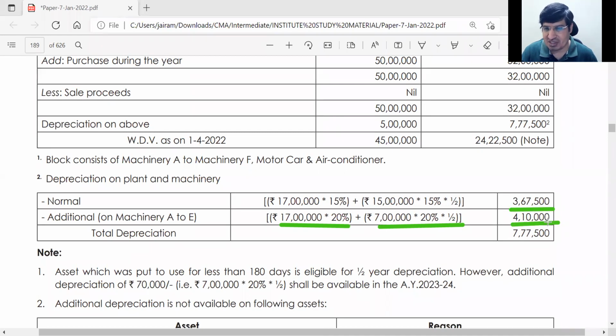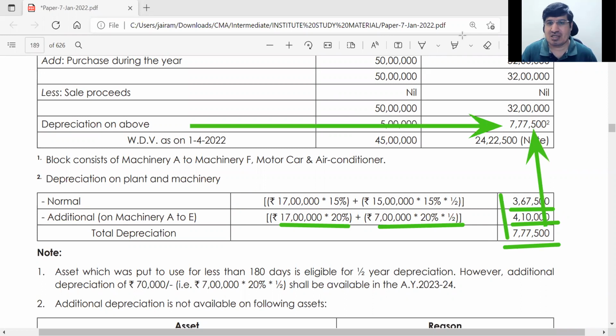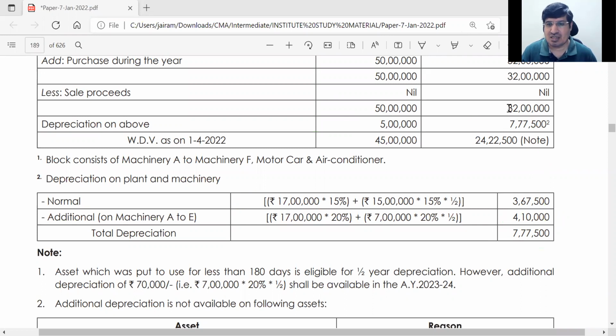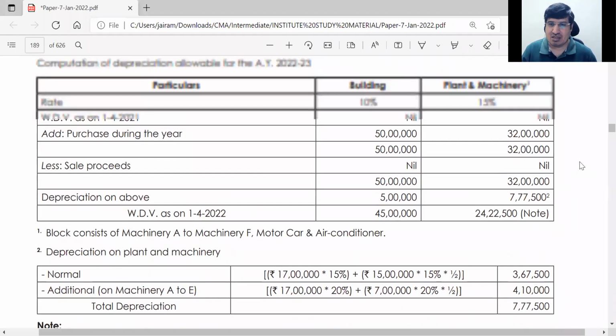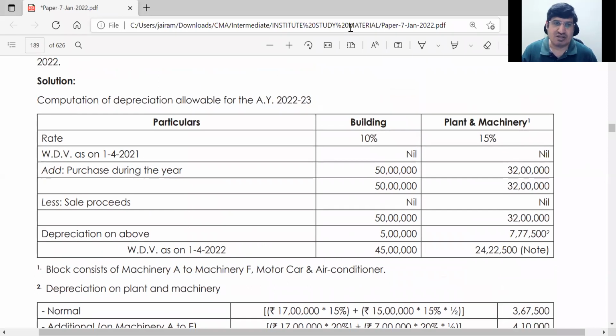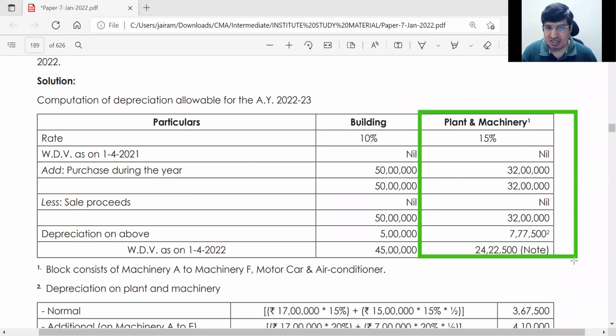This is additional depreciation. Add the two, you will get 777. Okay, get 777, then put it here. Okay, this will be depreciation. Okay, so this is your plant and machinery.